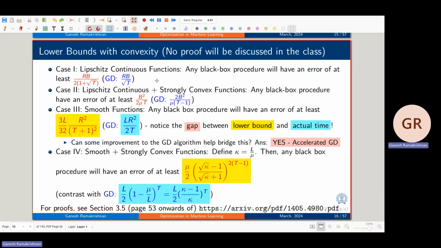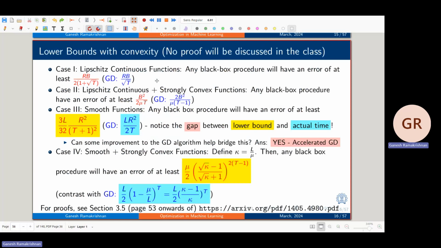You see a gap? 1 upon T square, and this is 1 upon T. Now do you wonder, well, there's some gap. This is the actual error, right? Gradient descent error.